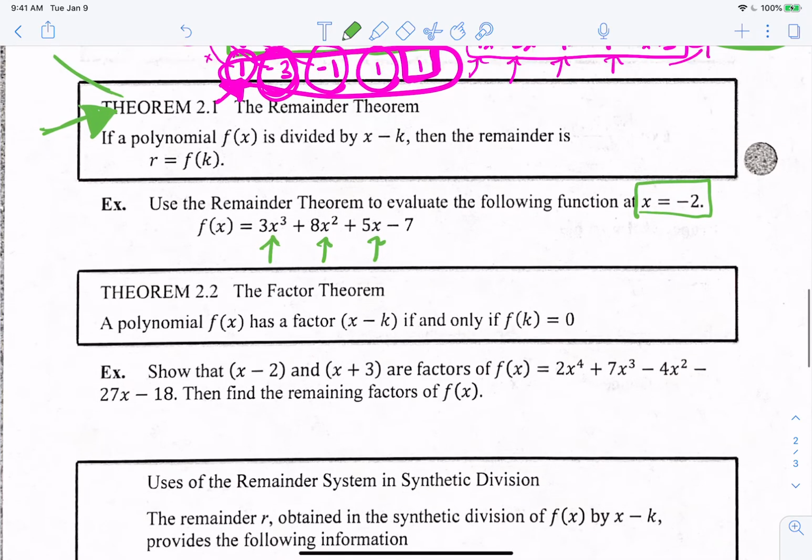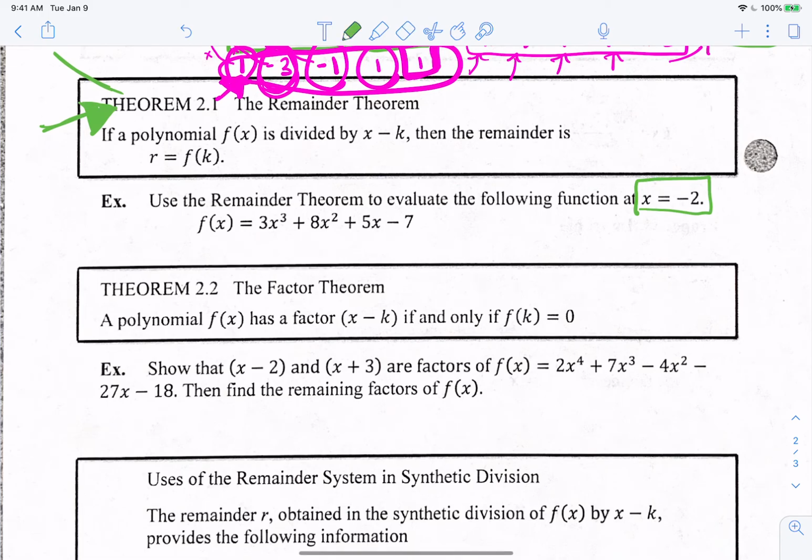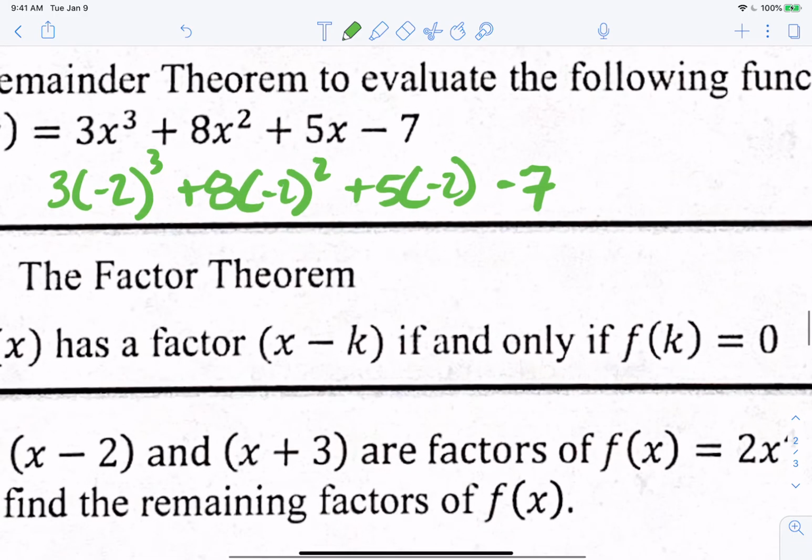Let me erase all that. I have 3 times -2 to the third power plus 8 times -2 squared plus 5 times -2 minus 7. We're going to evaluate that.